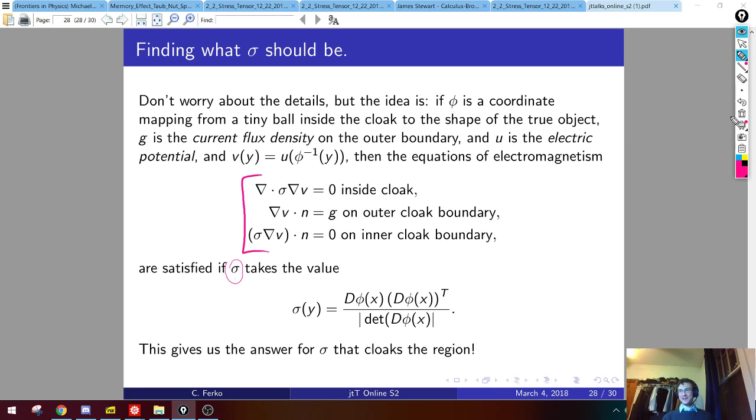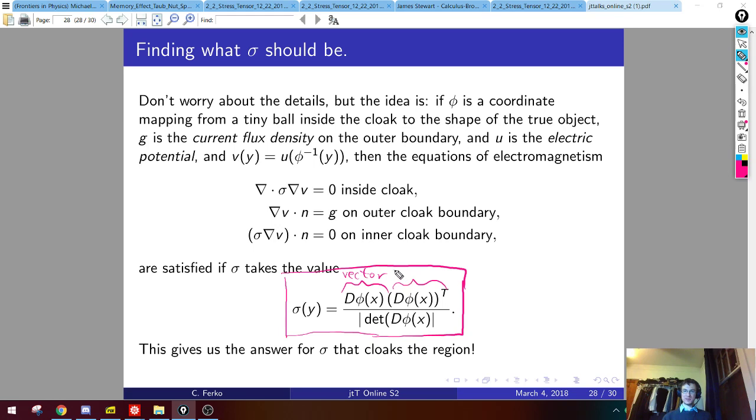It's worked out in a couple of pages in some of these papers, but you just write down the solution for the conductivity matrix, and it basically just involves some derivatives, some calculus techniques applied to our change of variables. So this is some combination of derivatives of phi, and this is the transpose of that vector.